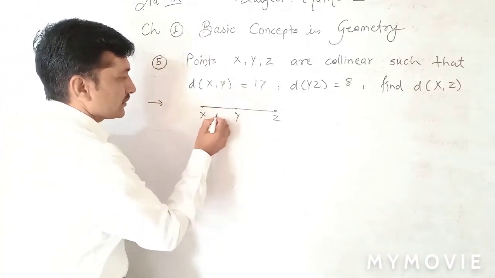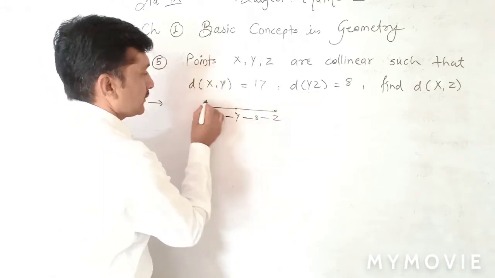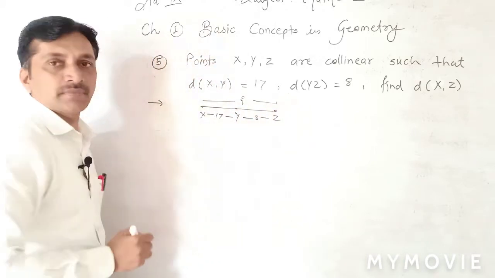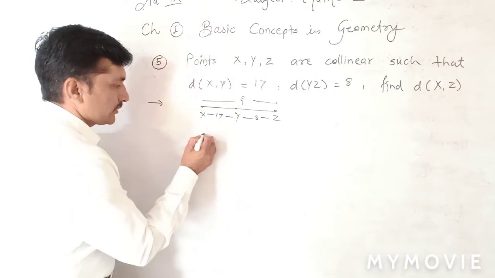This is the first possibility. Let's put values. XY is 17, YZ is 8, and XZ, question mark, is to be found. Write the addition now by the betweenness property.